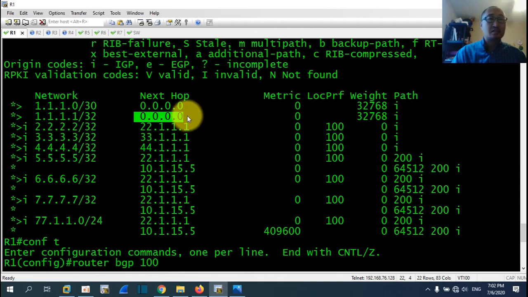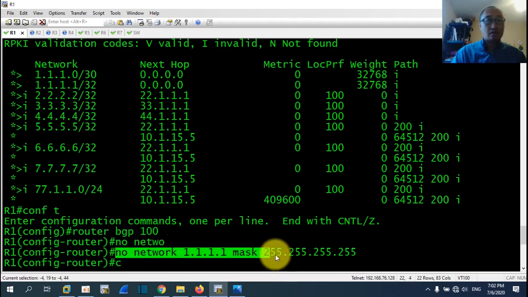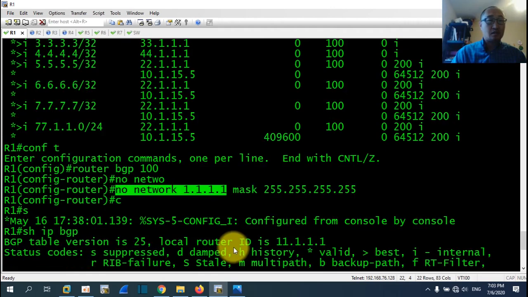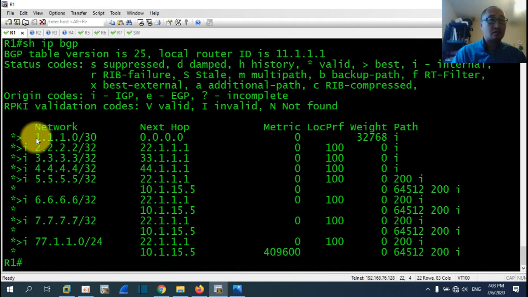That's a specific route, right? So I'm gonna do this first. Router BGP, no network, this 101, and then you can look at it. I will show the BGP again. So there's only this one, right? Okay, that's the first thing.